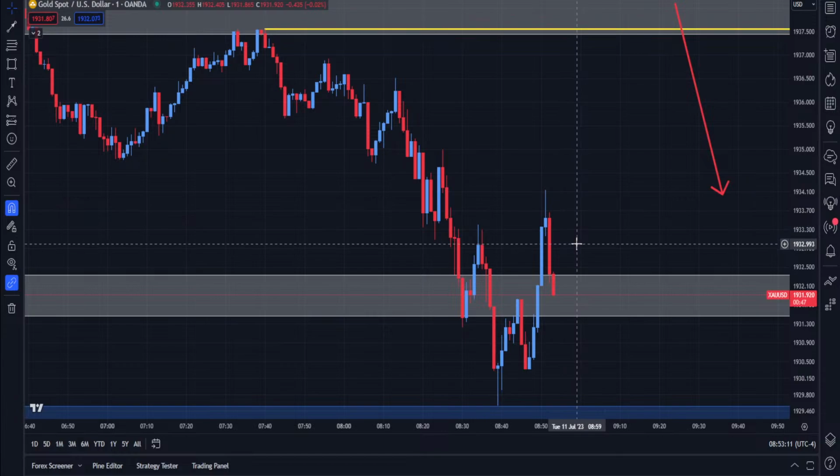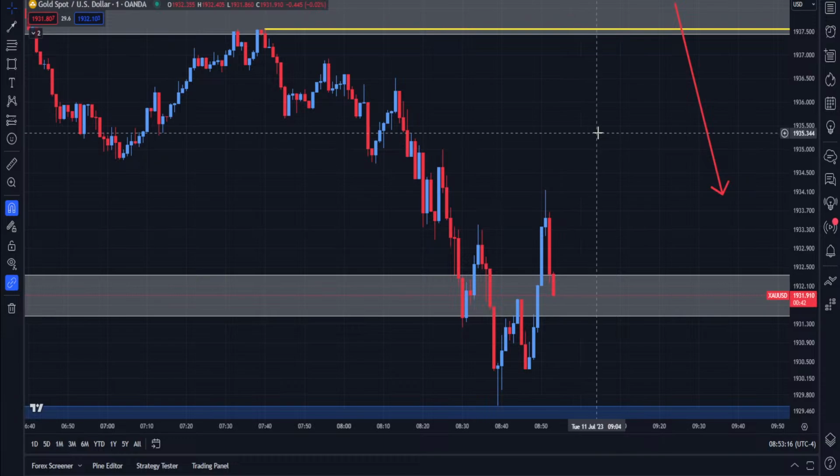Hopefully this is just gold retesting these areas down here, and then it will continue up.